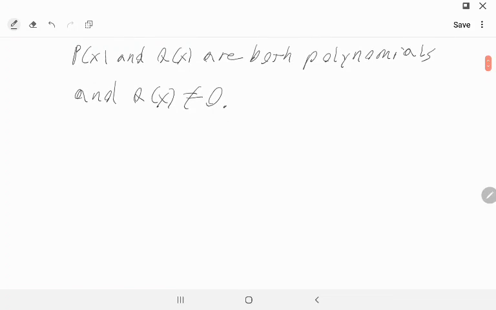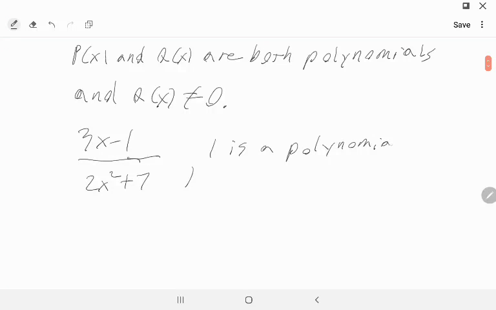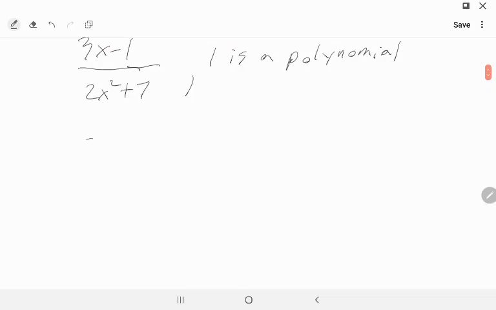So we notice that the stereotypical rational expression is something like 3x minus 1 divided by 2x squared plus 7. So an obvious polynomial in the numerator, obvious polynomial in the denominator. That said, we notice that 1 is a polynomial, a very simple polynomial, and so x can be written as x divided by 1, which is a rational expression.